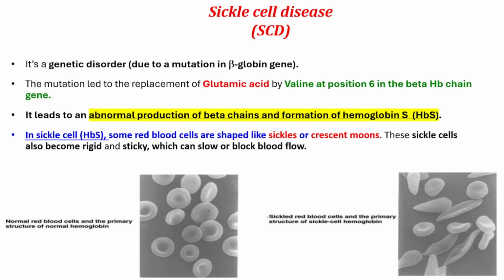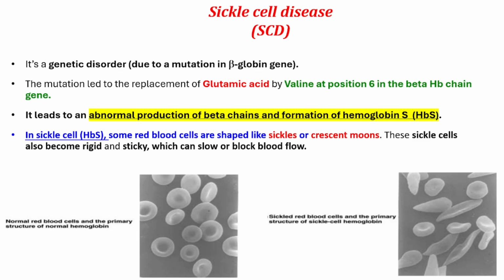So they can block the blood flow inside the vessels. That's why certain patients have a crisis, we call it vaso-occlusive crisis, because the blood is no longer circulating. Why? Because we have these aggregations due to this mutation. And valine is hydrophobic, so the red blood cells aggregate together in order to avoid the water.